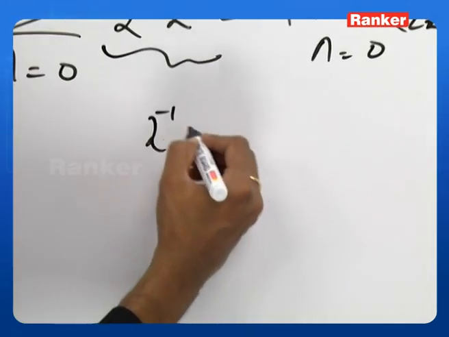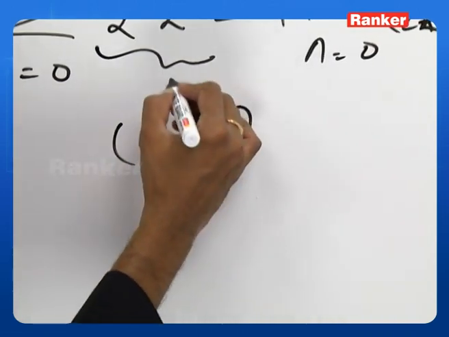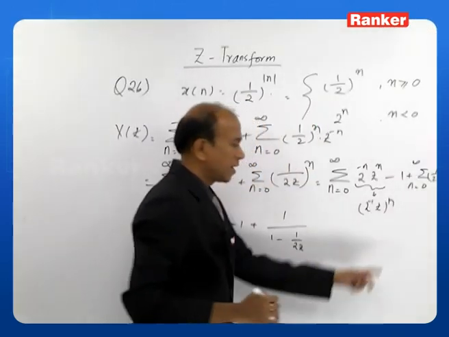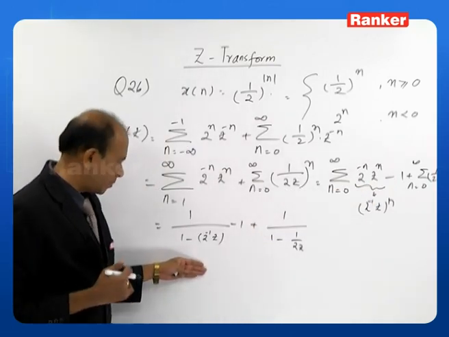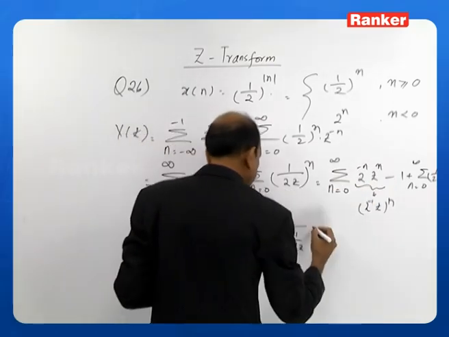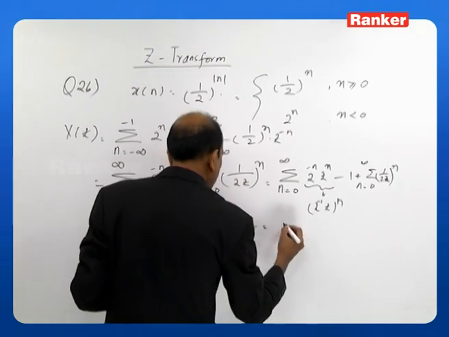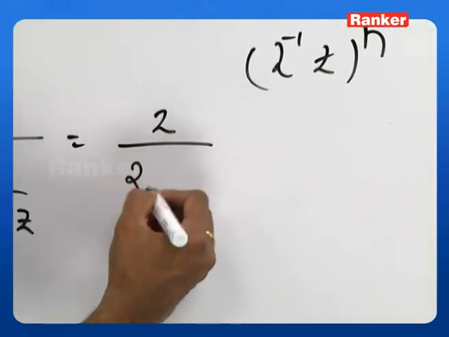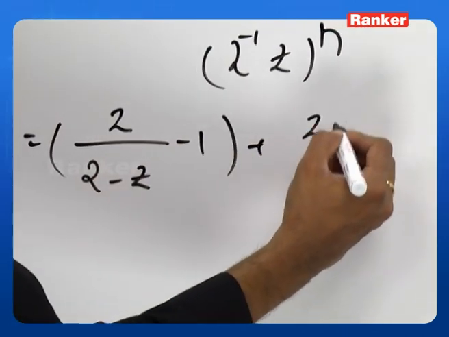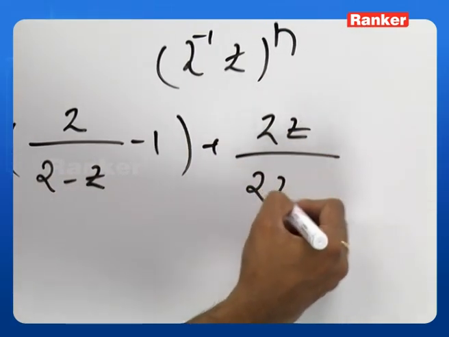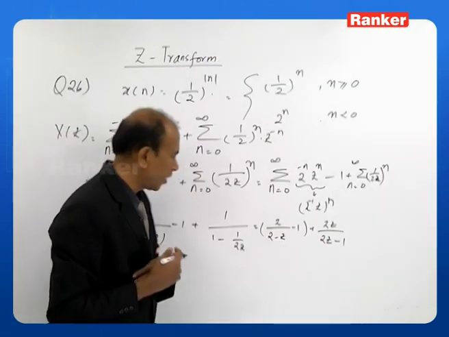This is what we have written here. Once you put that in the formula, this becomes automatically understandable. So we can simplify this further. This will be equal to 2 by 2 minus z, minus 1, plus 2z by 2z minus 1. This is what we got here.